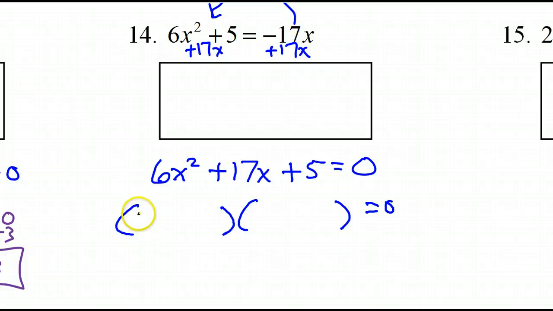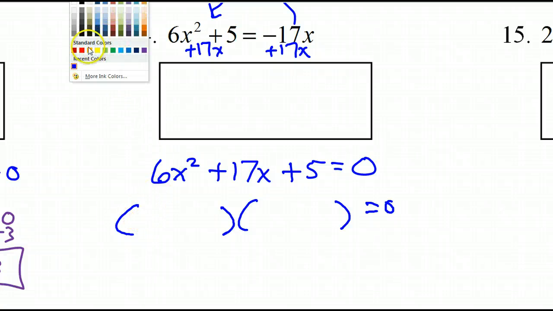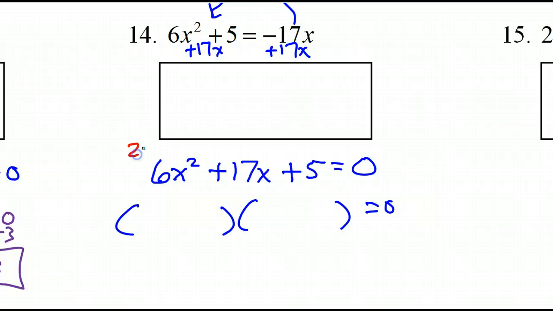6x squared, 6 is either going to be 2 times 3 or 1 times 6. Of course, 5 can only be 1 times 5. So I'm going to start with the 2 times 3 option. So 2x and 3x. I'll start with 1 and 5 in that order.